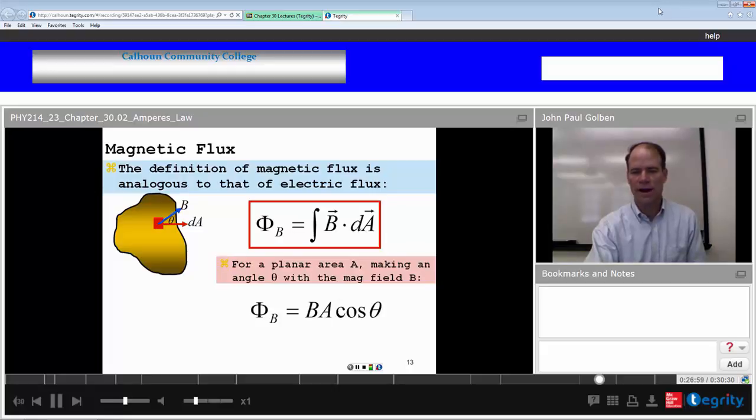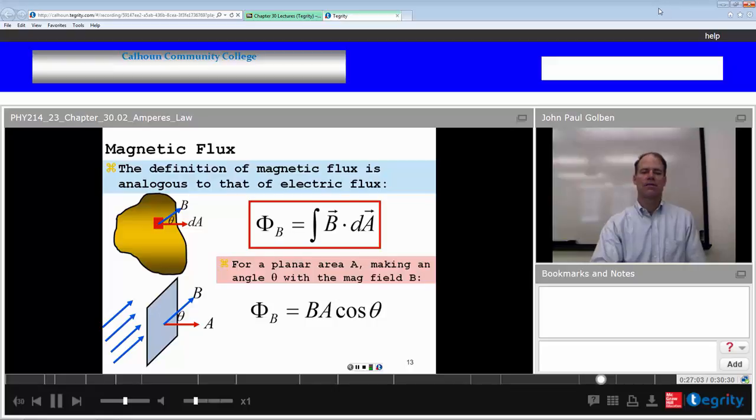For a planar area making an angle theta with a magnetic field, the flux through that area would be the field B times the area A times the cosine of the angle between their two directions. If the angle were 90 degrees, cosine 90 would be 0, and the flux lines would never go through that area, so you would have no flux through that area.